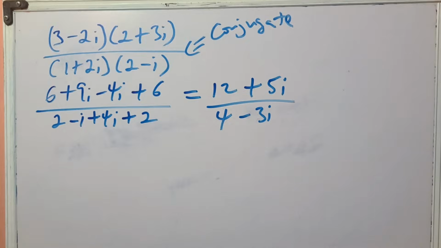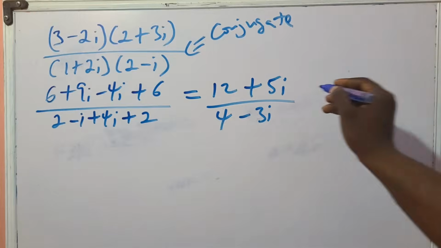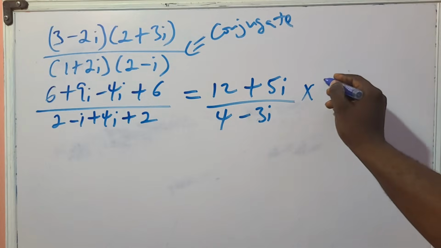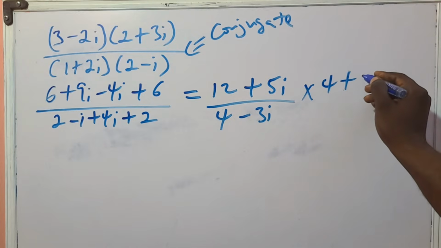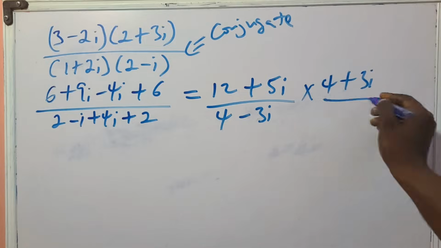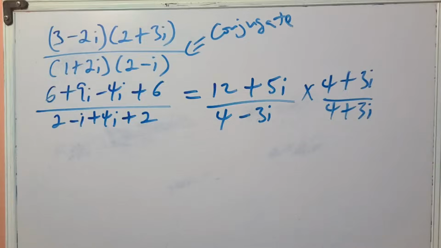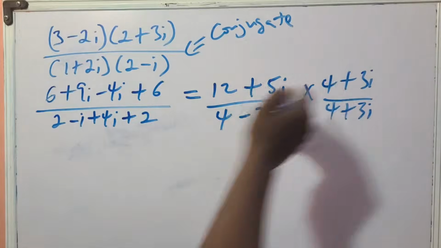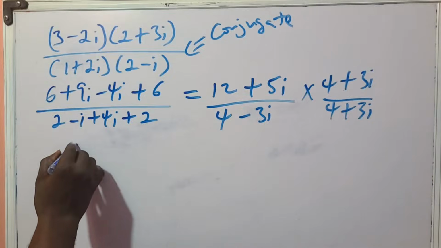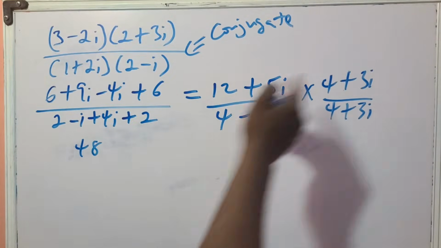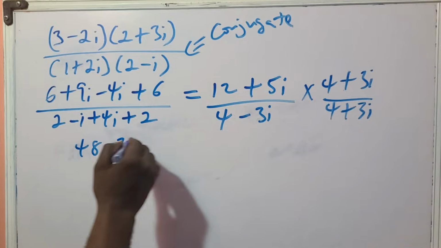So you can now go on to find the conjugate of this, which will only be for you to just go on to solve for 4 plus 3i. So you have to go on again to have your multiplication being done. If you do this, you're going to get 12 times 4, that will be 48. 12 times 3, that will be minus 36.